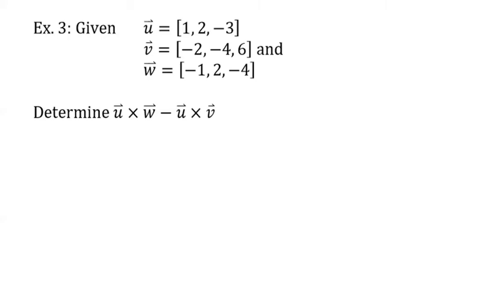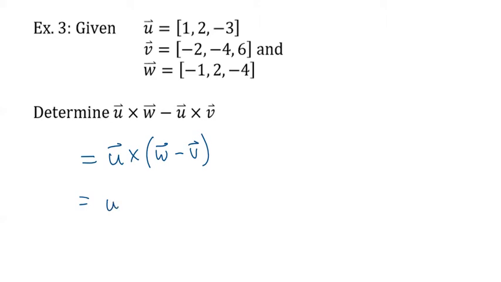So I could take the cross product of U and W and the cross product of U and V and then subtract, but does anybody see a slightly easier way of doing this? Yeah, so I can use those properties that we were just doing backwards and factor the U out and cross it with W minus V. On a test, whether you did it one way or the other obviously wouldn't matter, but just to show that this is a little bit less work because I'm only doing one cross product and I'm doing subtraction as well.